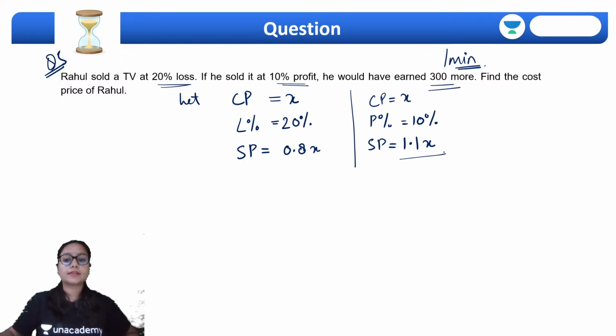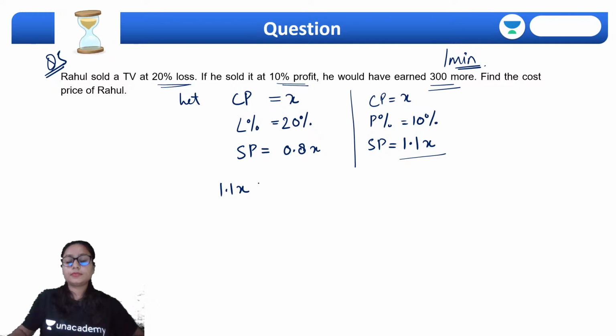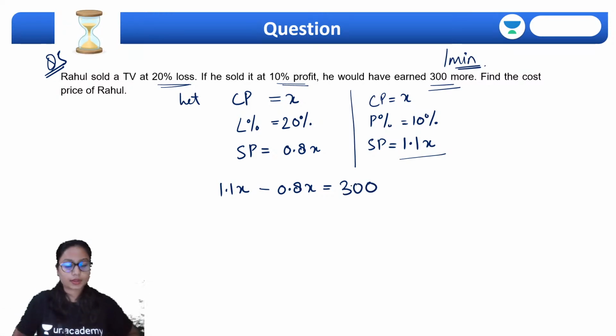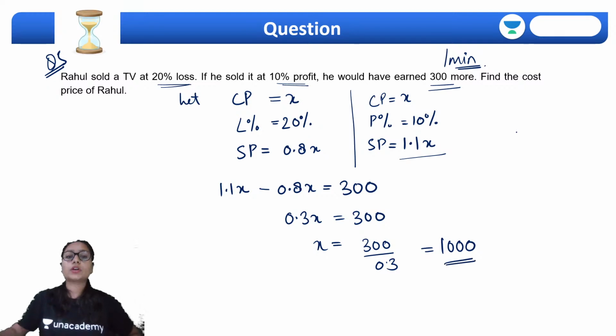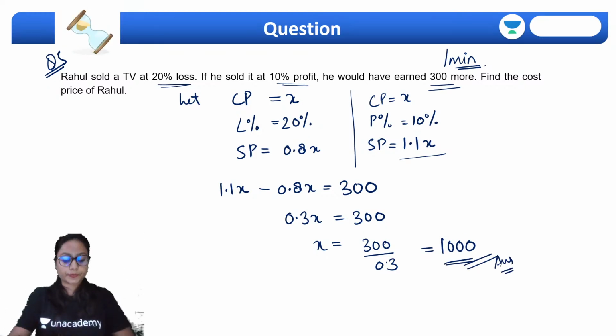So 1.1X minus 0.8X is equal to 300. From here we can get the value of X. This gives me 0.3X is equal to 300. Hence X is equal to 300 upon 0.3, that is 1000. Therefore the cost price of the TV is 1000.